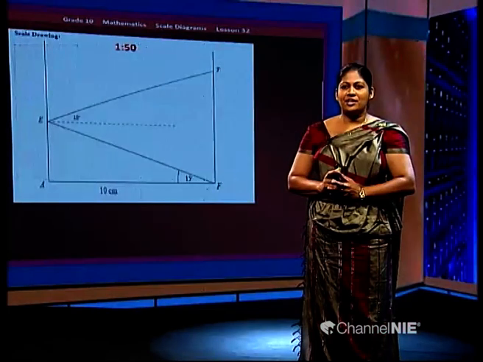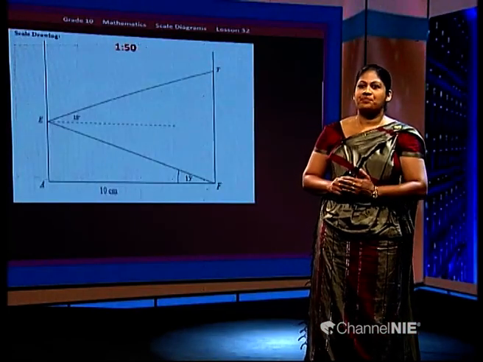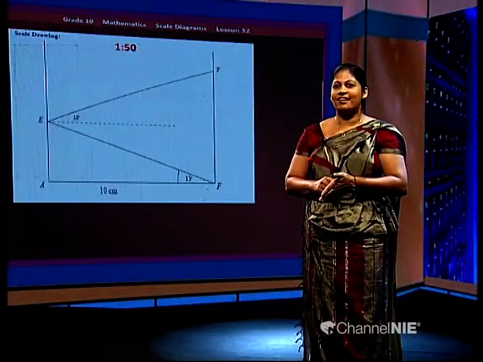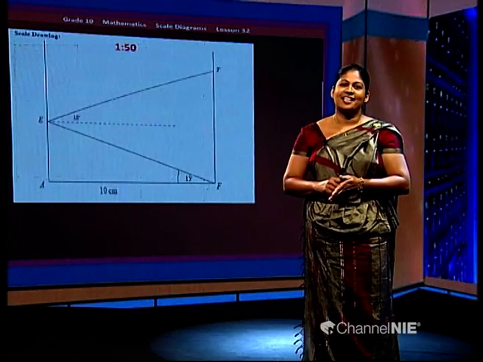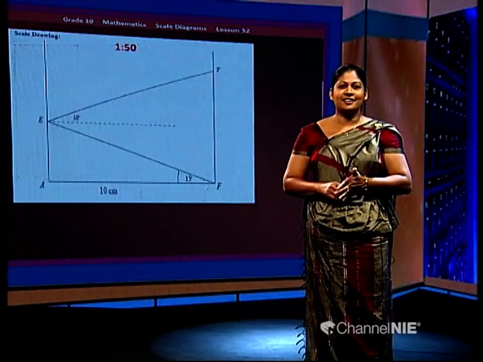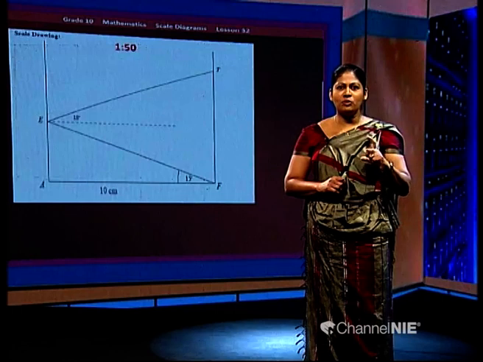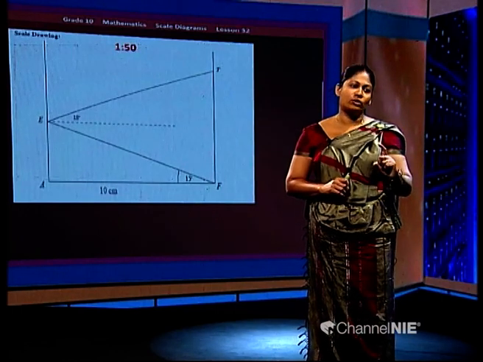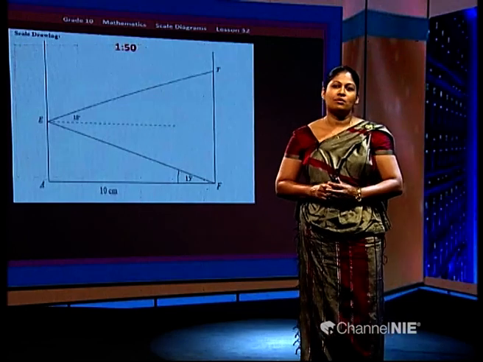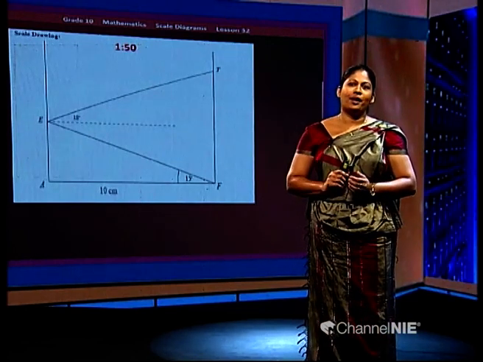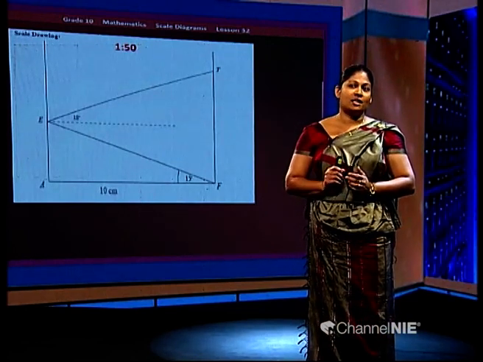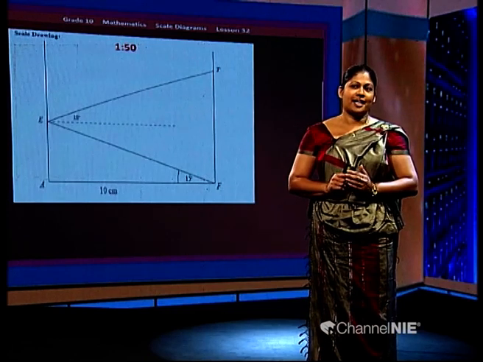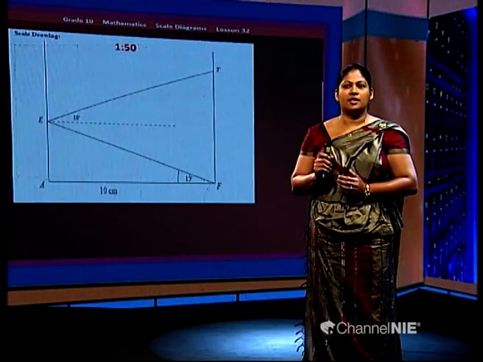What is our question? Do you remember the question now? Okay. We have to find the height of the goalpost and also the height of the player, Dillini. Here, which one is the height of the goalpost? That is FT.